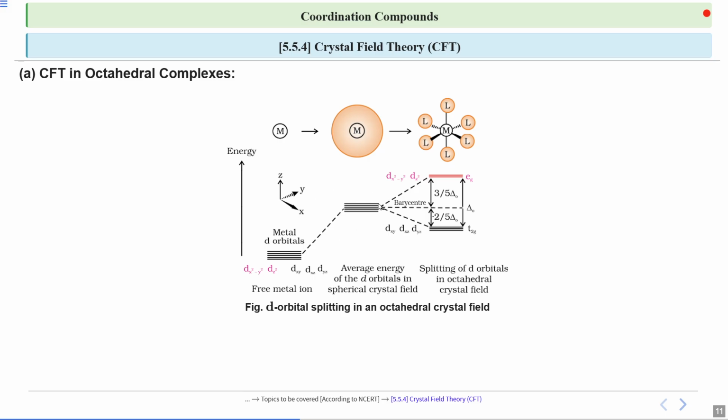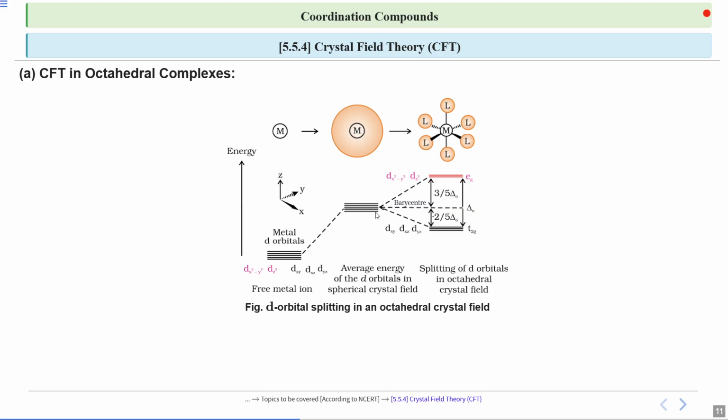Now, when ligands come closer to the metal to form the bond in the octahedral manner, the splitting of d orbitals occurs in the octahedral crystal field.